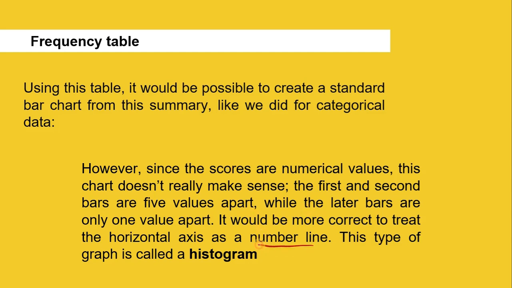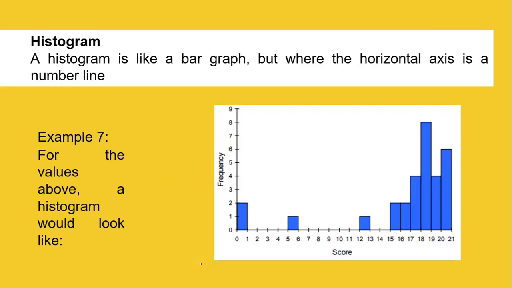So when we start treating the horizontal axis as a number line, this could potentially make a histogram. A histogram is like this. It's a bar graph, but the horizontal axis is treated like a number line. The numbers here are continuous from 0 and so on.